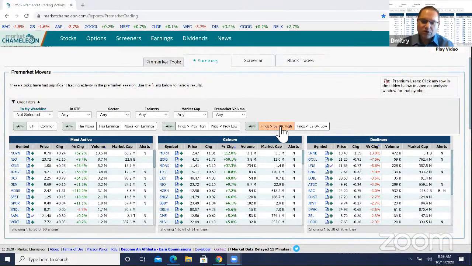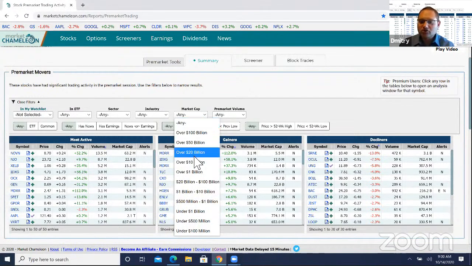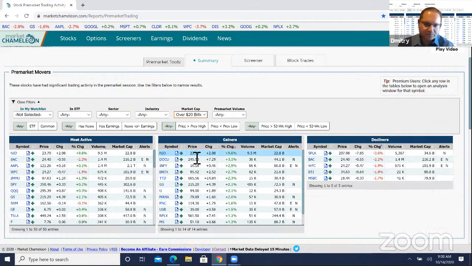These are stocks moving in the pre-market hours, trading before the market opens: the most active stocks, the biggest percentage gainers, and the biggest percentage decliners. Really quickly, I want to look at the higher market cap stocks, so I'm going to use this market cap filter for stocks with a $20 billion market cap or higher.